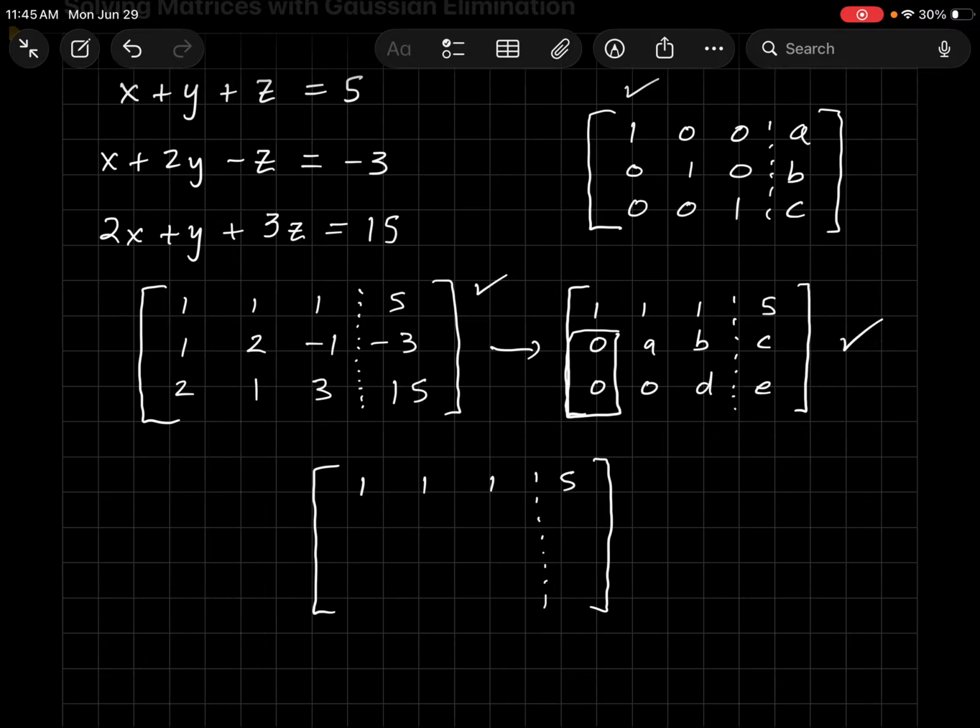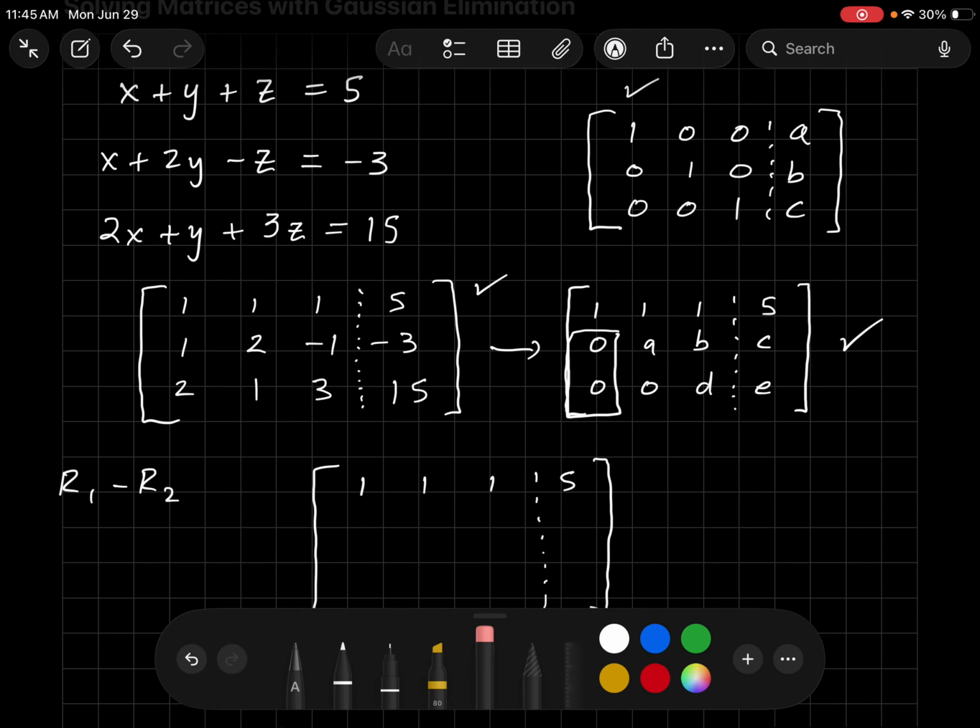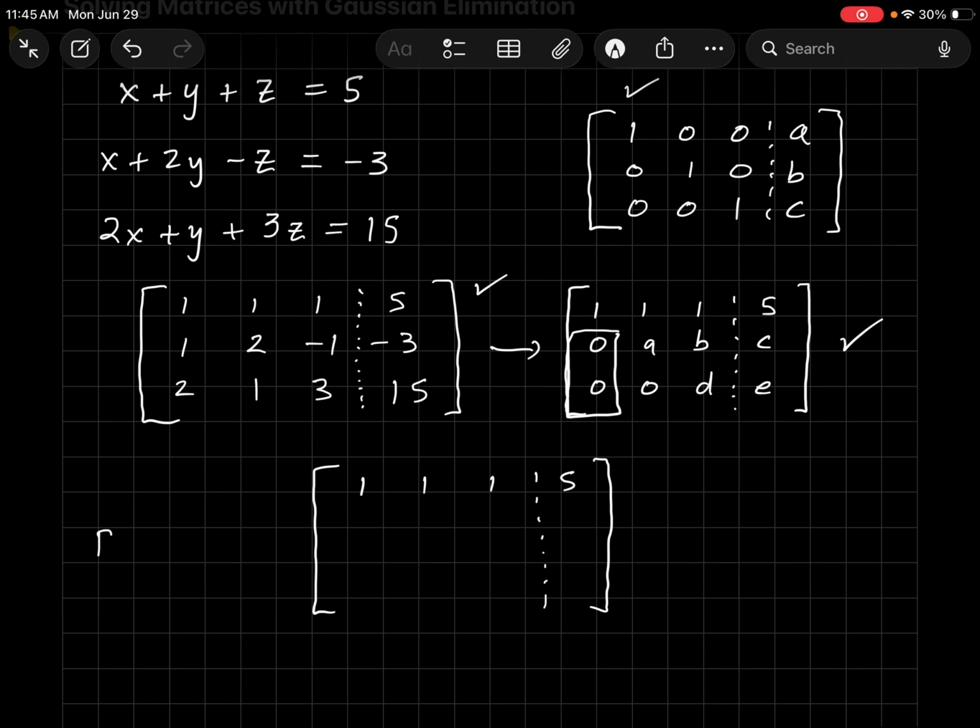So I'm going to do something like this. I'm going to do row 1 minus row 2, and that's going to become my new row 2. So let me actually align it here for us. I'm going to do row 1 minus row 2, and that will become my new row 2.